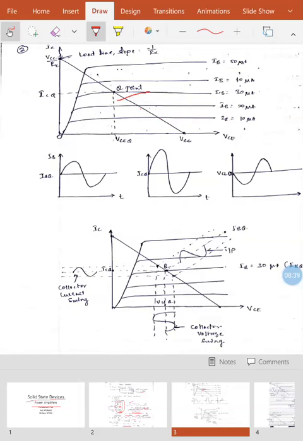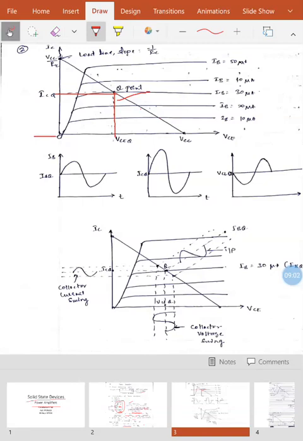Fine. So what is that Q point? Q point is the point where the load line intersects the output characteristics. Okay? Now the collector current corresponding to the Q point, let us call that ICQ, and the collector to emitter voltage, let us call that VCEQ. Fine.